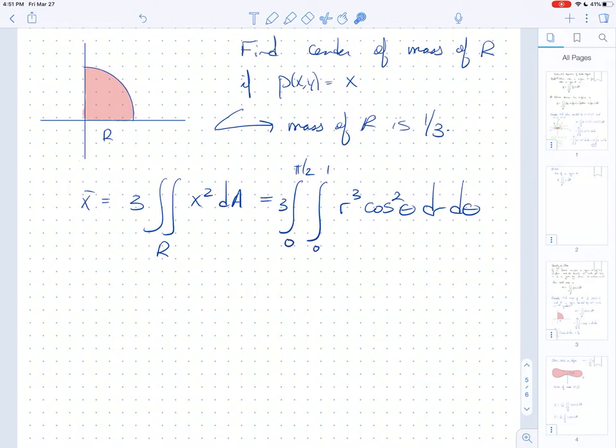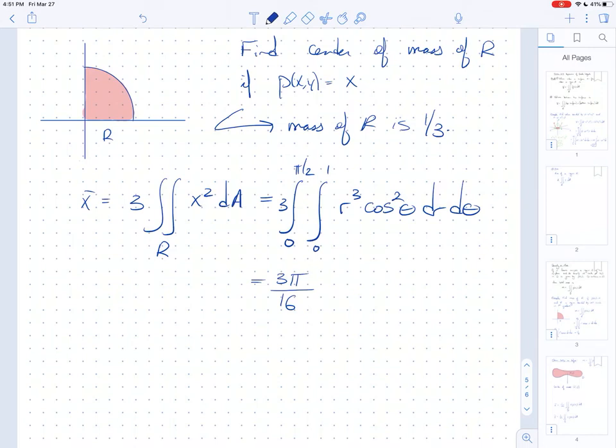Here I'm going to use one of my formulas to reduce that power. I'm going to convert cosine squared of theta to 1/2 times 1 plus cosine of 2 theta, and that's how I'll compute it. And I leave it to my trusty, dependable Calc 3 students to compute 3 pi over 16 as the answer.